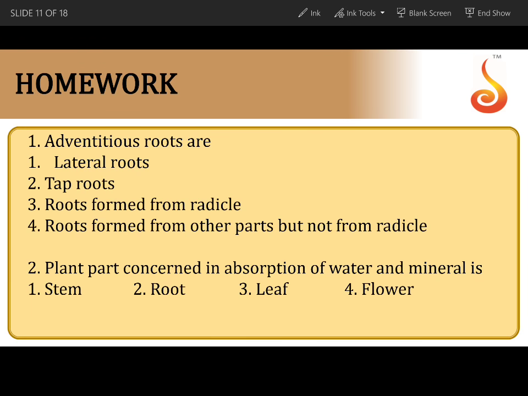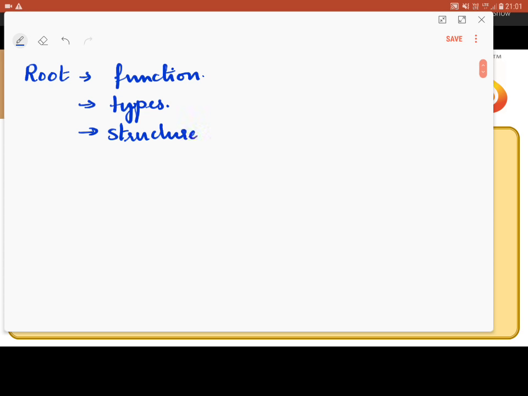Just summarizing the entire topic, we have seen root, understood its function. We have seen a few types of roots. We have understood the structure of roots.